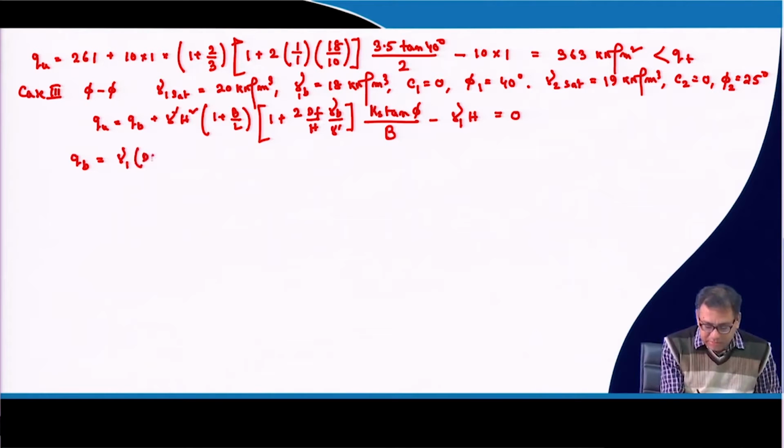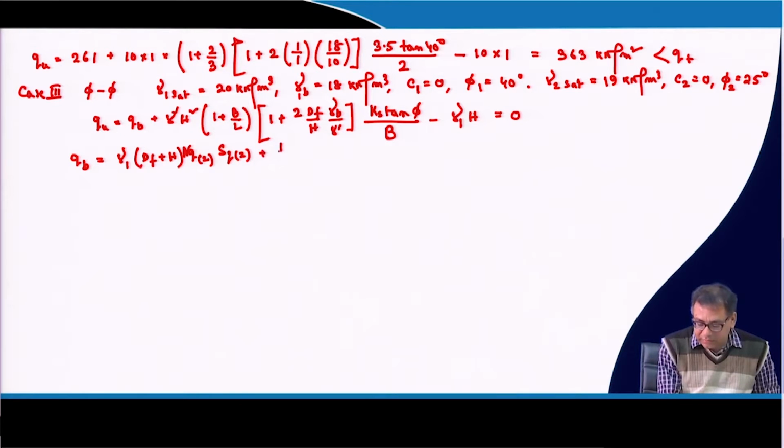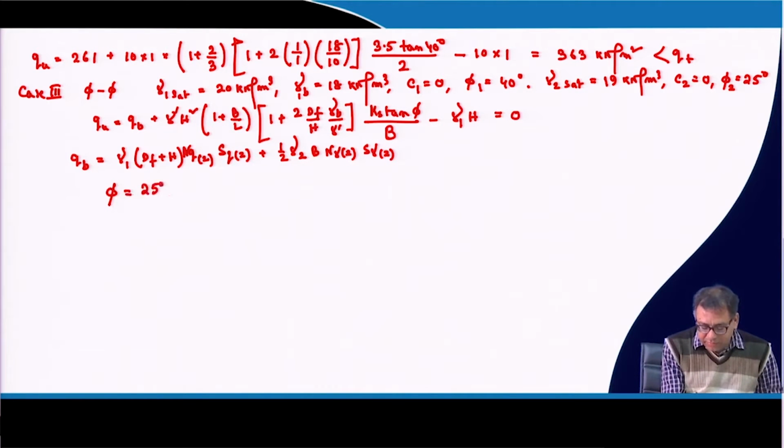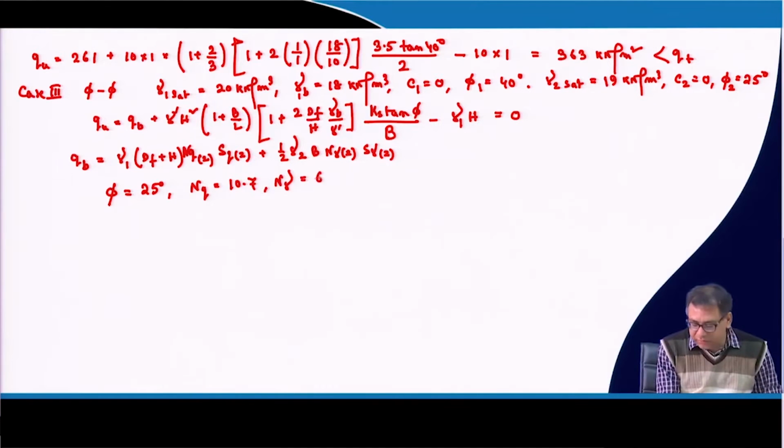The second term is gamma 1 into df plus h, then N q 2 into S q 2, plus half gamma 2 b N gamma 2 into S gamma 2. Now, for phi equal to 25 degree, N q is equal to 10.7 and N gamma is equal to 6.8. Okay, that we are getting.